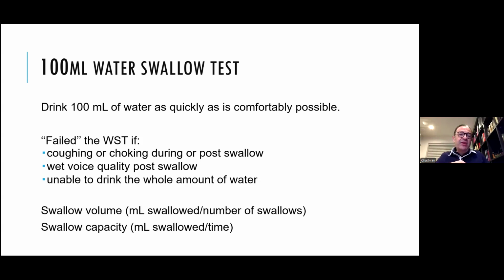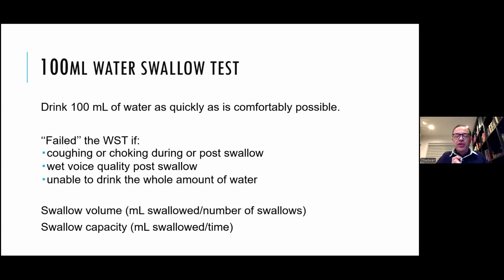And there is a fail or pass with the water swallow test. It is a fail if they start coughing and choking during or post swallow, if they have a wet voice quality, or if they are unable to finish all the water they were given. But then you can quantify it. You will have various measures, and there are normative data for this, depending on the age and gender of the patient.